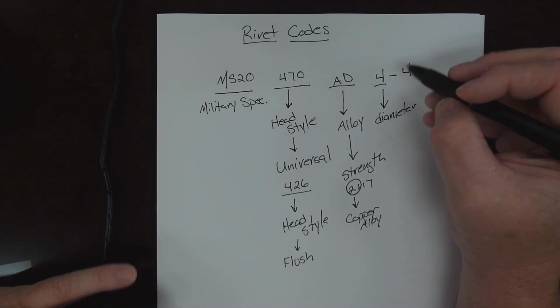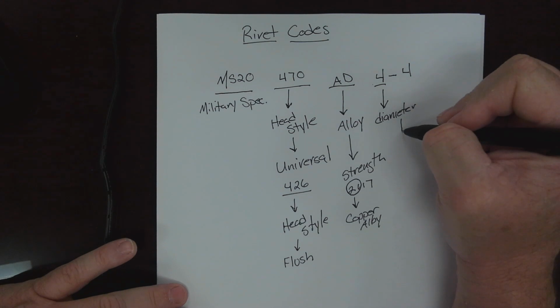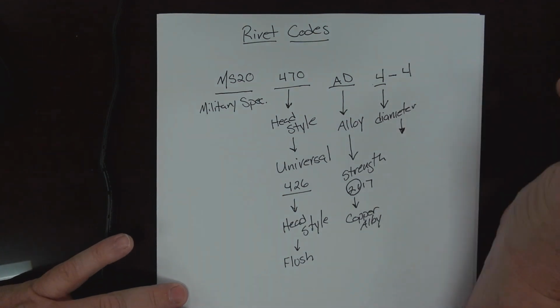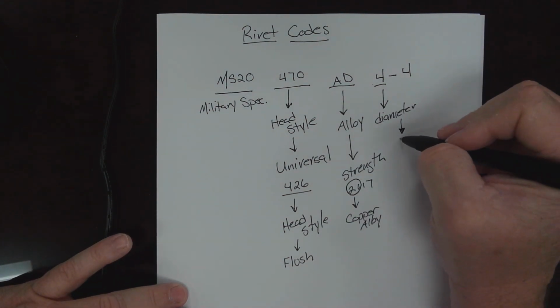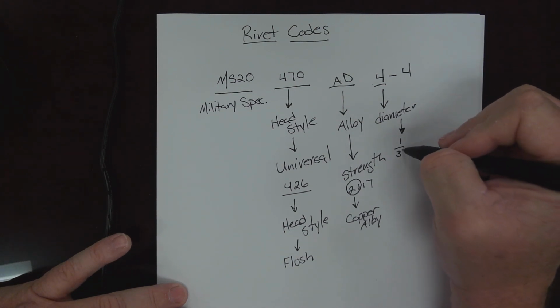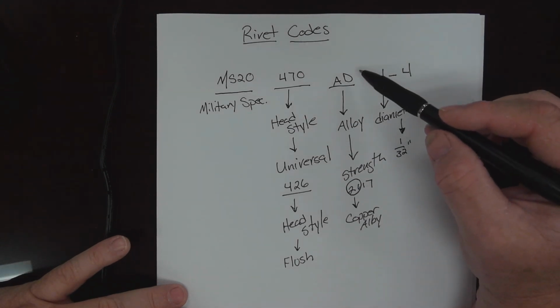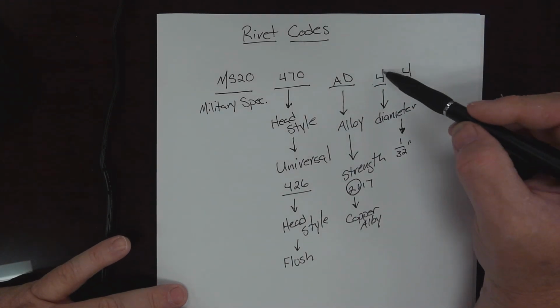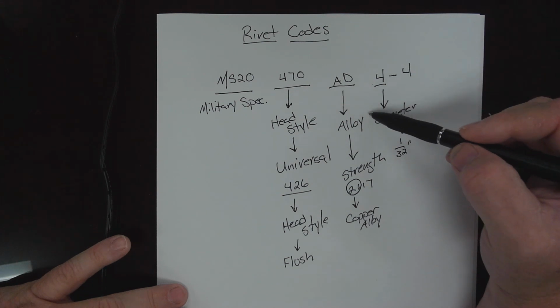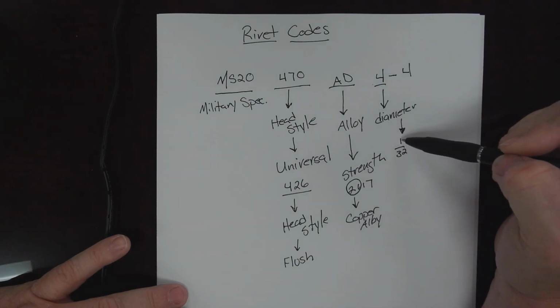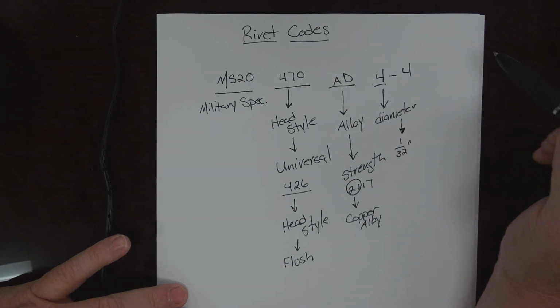Now, here's the one good thing about a specification. Every one of these numbers that are representing diameters are always going to be in 1/32 of an inch. That's a constant, and that's part of this code. So if I saw a number 4 rivet, I would automatically know that is a 4/32 rivet. And guess what? A number 5 would be a 5/32, and so on.